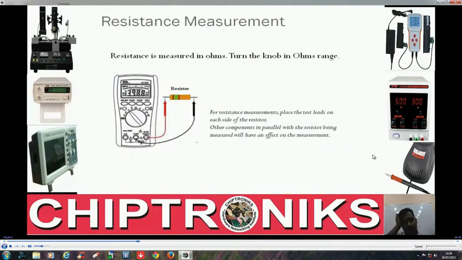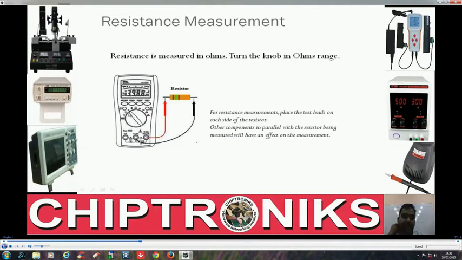All right, so let's measure the resistance. As I said, the measuring unit of resistance is ohms. So how do we measure a resistance? Through a multimeter. We can calculate the resistance through the color code present, but we can also measure the resistance through a digital multimeter. As I said, there are two things. First, you need to set the function.